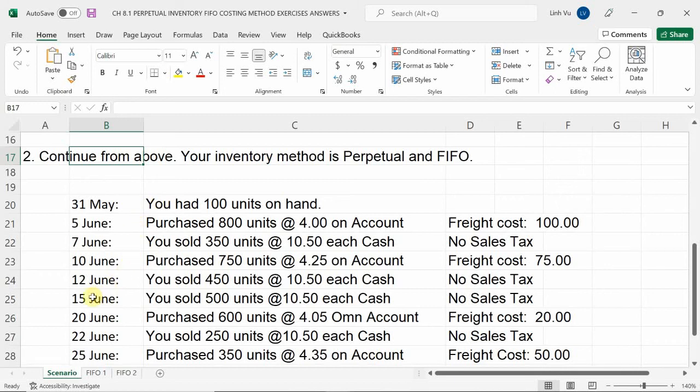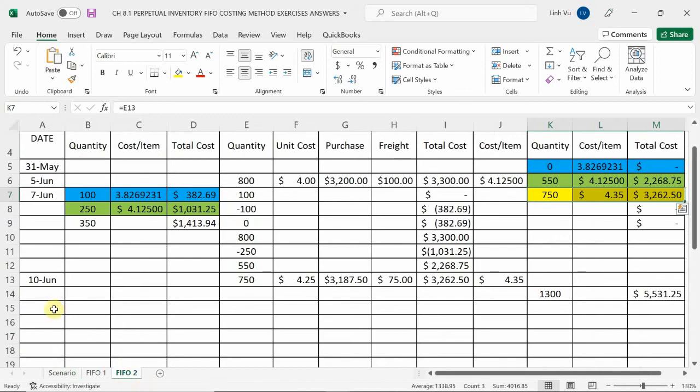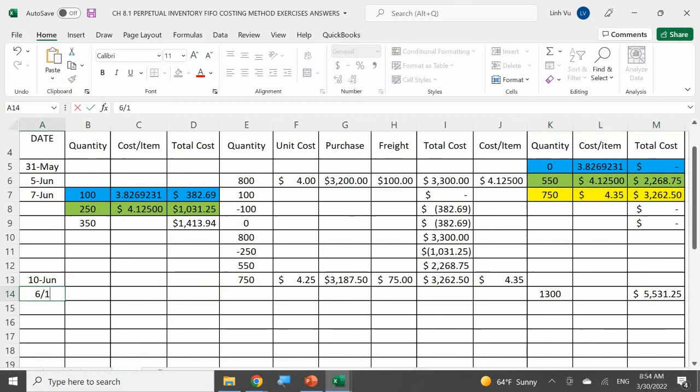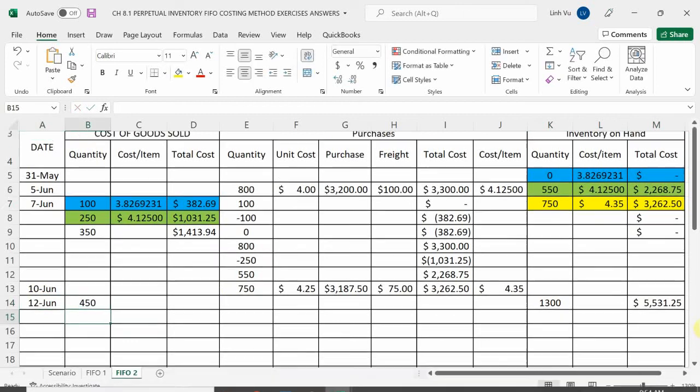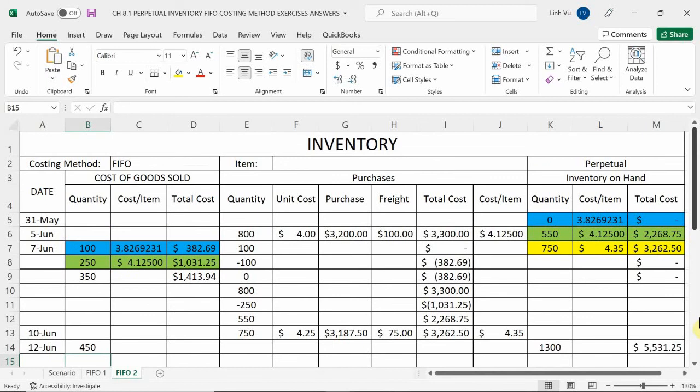Next, on June 12th, we end up selling 450 units. So let's take a look. On June 12th, we sold 450 units. Now in this case, do we have enough?